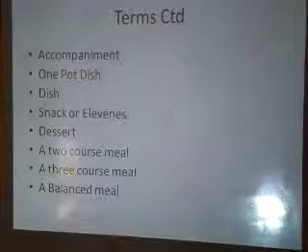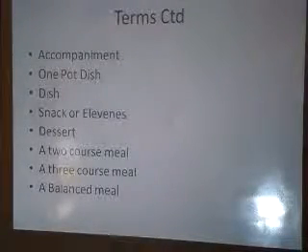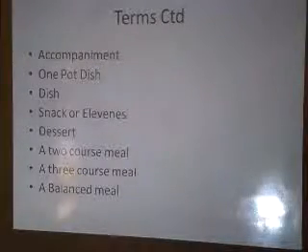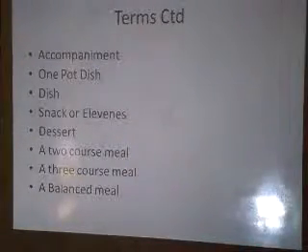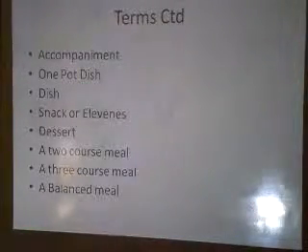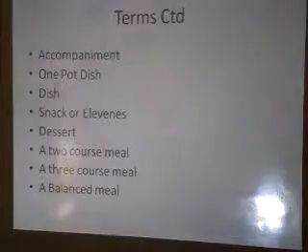Then I've already talked about dish. We also have snack or 11s. In other books, they say 11s. When we talk about snack, it's in between meal. For instance, you've taken breakfast already before going to work, but lunch is not ready to be taken.